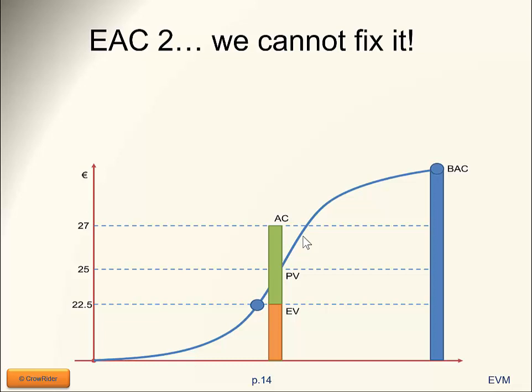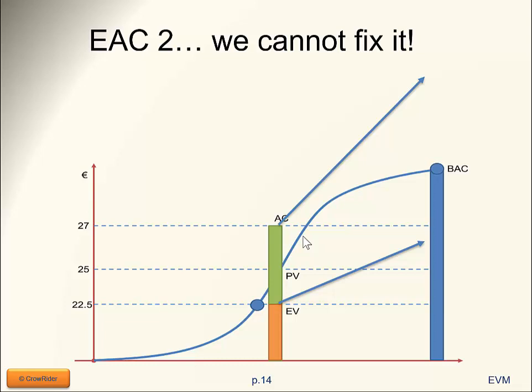Now, what happens, however, if we cannot fix it? What happens if we assume that the deviation that we've had so far is in reality going to continue impacting us throughout the arc of the project? In that case, obviously, the deviation that we've had so far is going to continue also into the future. So we need to take into consideration this additional deviation.